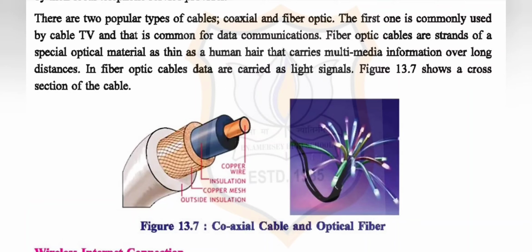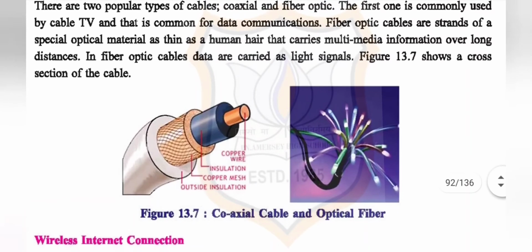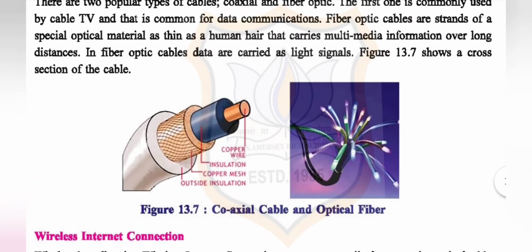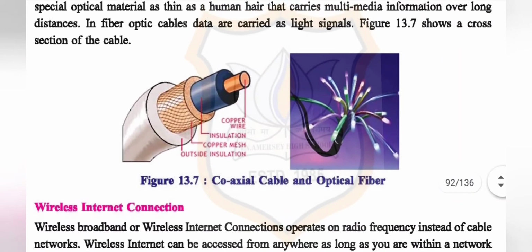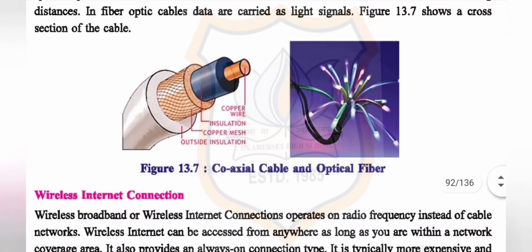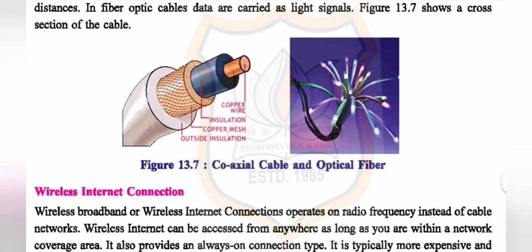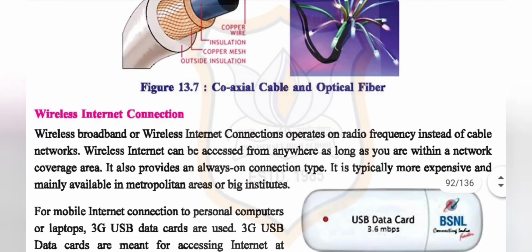Fiber optic cable are strands of a special optical material as thin as human hair that carries multimedia information over long distance. In fiber optic cable, data are carried as light signals. Figure 13.7 shows a cross section of the cable.